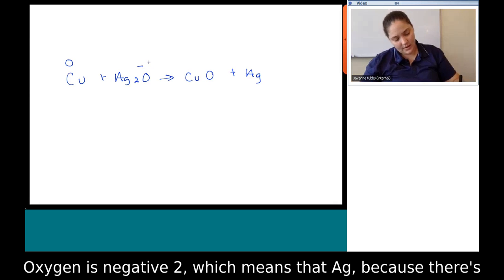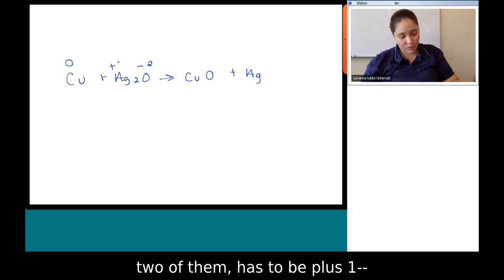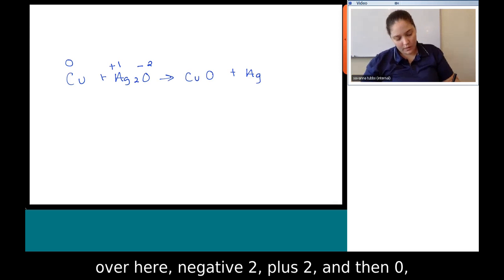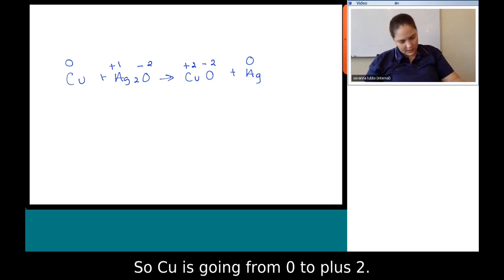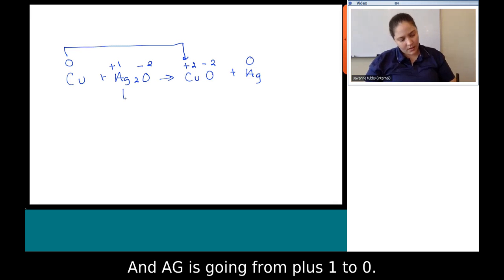Oxygen is -2, which means the Ag, because there's 2 of them, has to be +1. Over here, -2, +2, and then 0 because it's by itself. So Cu is going from 0 to +2, and Ag is going from +1 to 0.